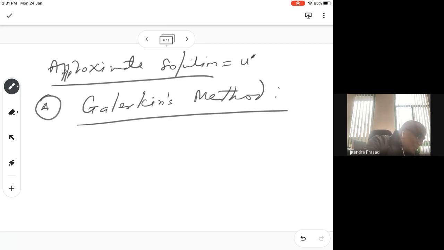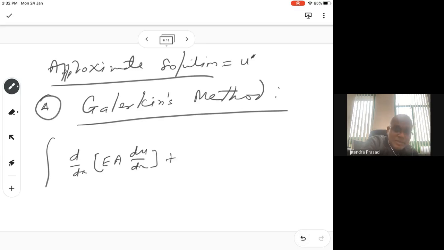And in that case, what happens? d over dx of EA du over dx plus b(x), and then we have this multiplied by some weight w.